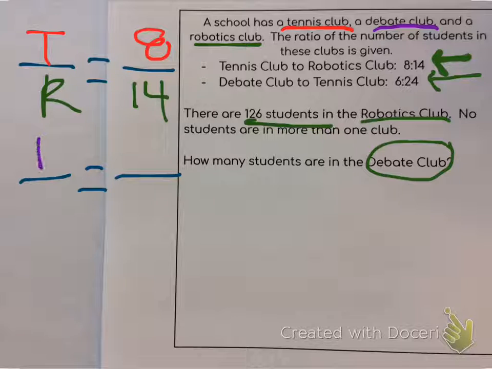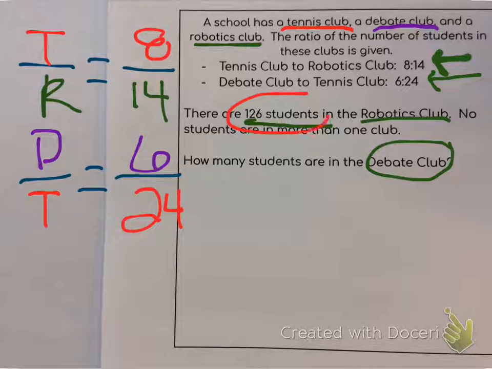So debate club would be 6 and the tennis club would be 24. Also, we know that we have 126 students total. We're going to use this information to figure out exactly how many students are in the debate club.